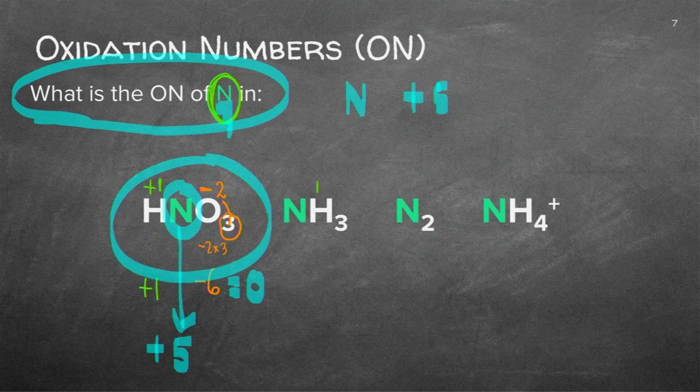I've got +1 as the oxidation number for hydrogen. I've got 3 of them, so it's 1 times 3, so it's +3. I know the sum should be 0. So what should the nitrogen be? -3.